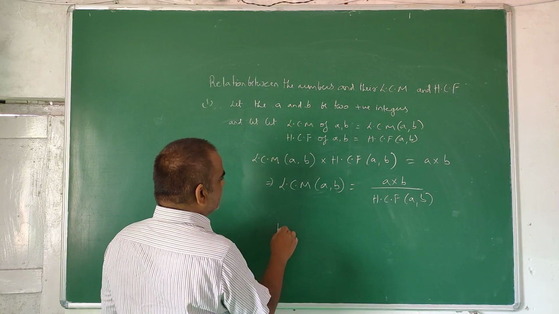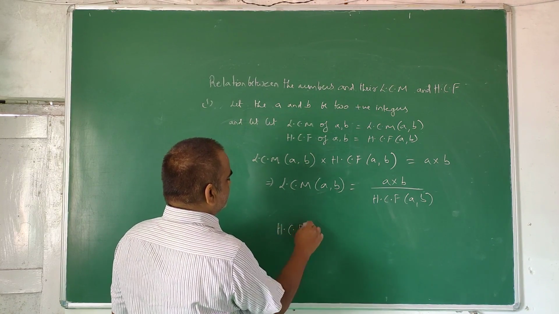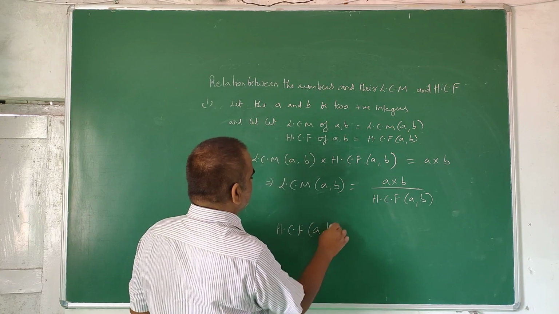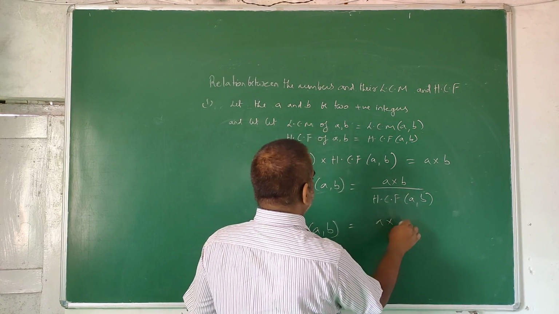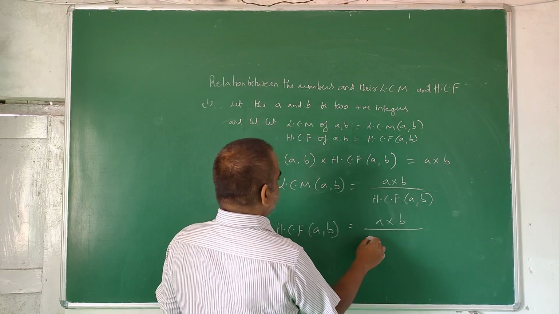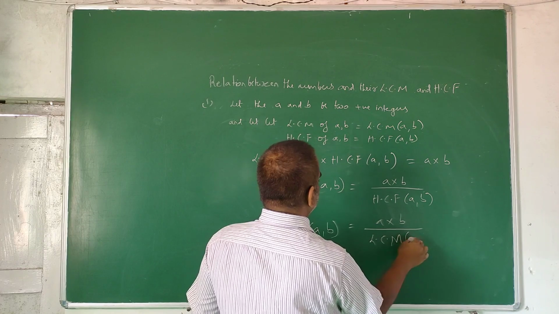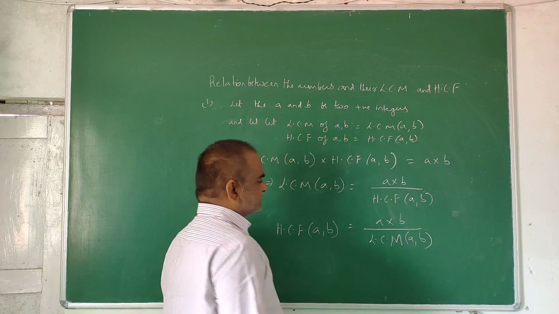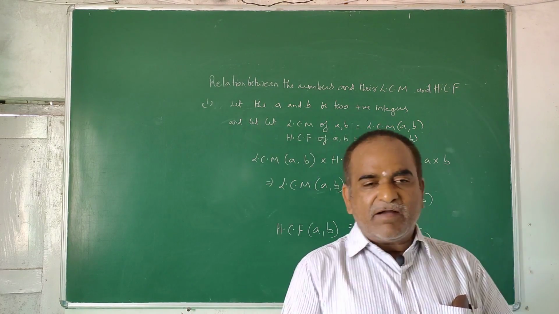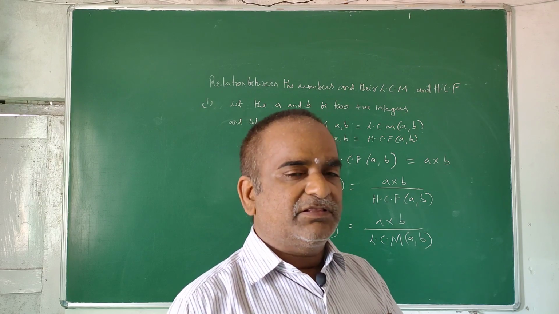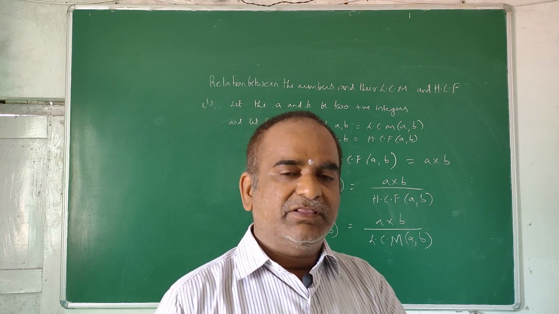Next, another result you can get is HCF of A, B is equal to product of the numbers by LCM of A, B. That's it. So these are the popular results that we can use in solving the problems.